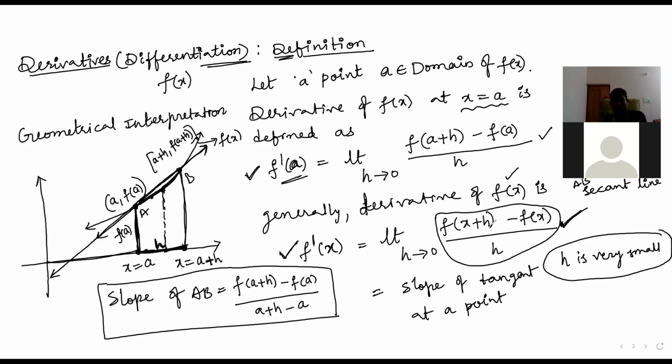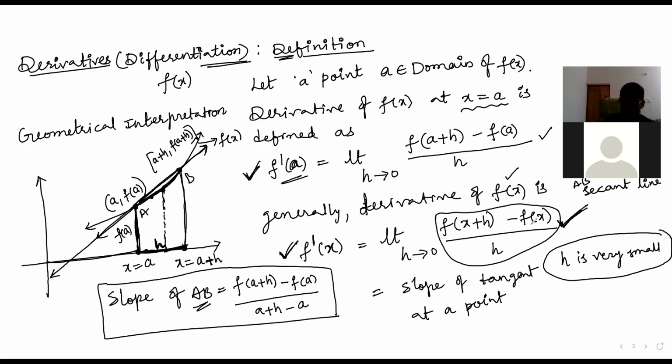Geometrical interpretation means, geometrically, what is the meaning of this? The meaning is that as h is tending to 0, the slope of the secant AB becomes the slope of the tangent. You need to remember this definition: f dash of x equals limit h tends to 0 of f of x plus h minus f of x by h.